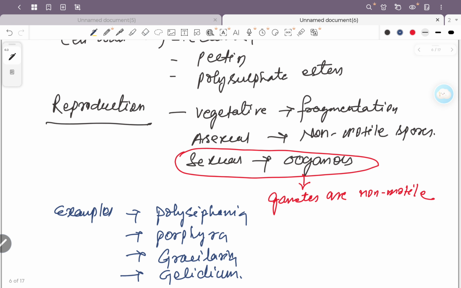In the next session, we will be discussing Bryophyta. That is a bit more complex than the algae. They have root-like, stem-like and leaf-like structures, but not exactly roots, stems and leaves. So till then, children, please make the notes, and I hope it will be very clear to you. Bye bye, thank you.